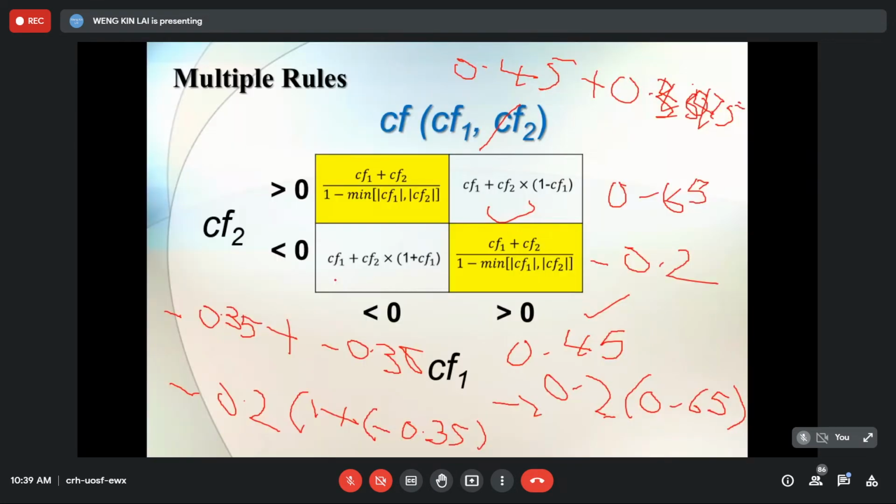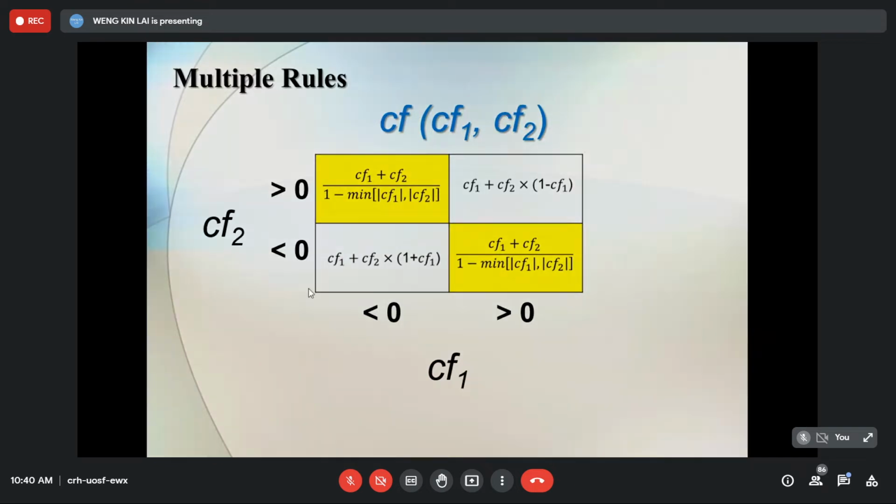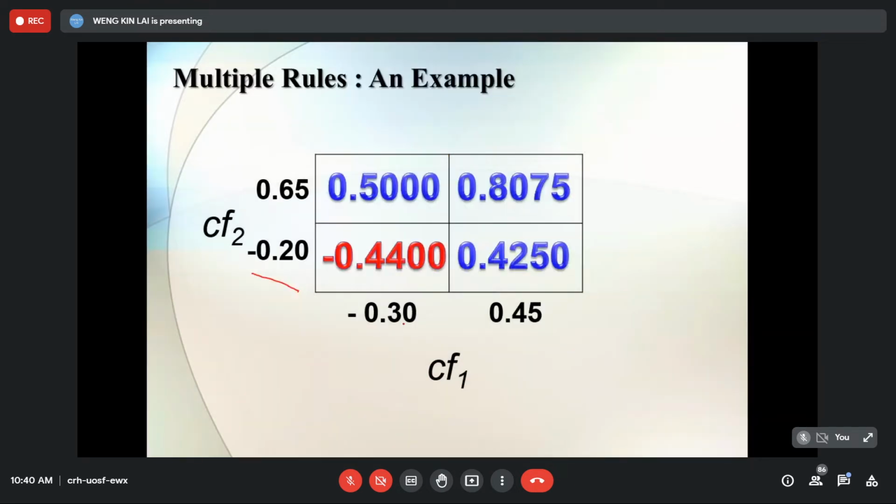So basically, you can see here actually, because both CFs are negative, right? So you can see here, both negative. So it actually strengthens the negative certainty factors of either CF2 or CF1 when they combine, right?